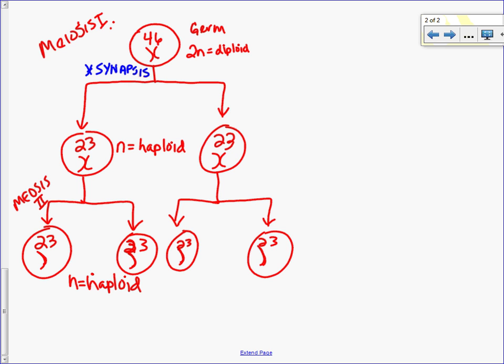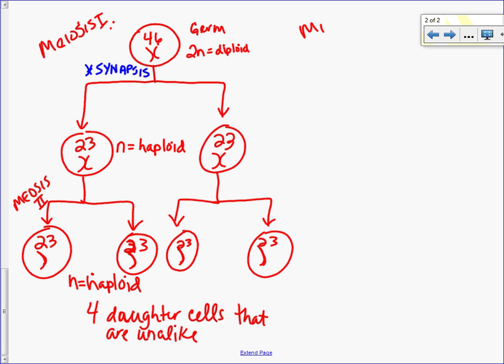So what we end up with are 4 daughter cells that are unalike. So they're all unique because of crossover, because of reorganization. They're not alike. Now let's compare that to mitosis.